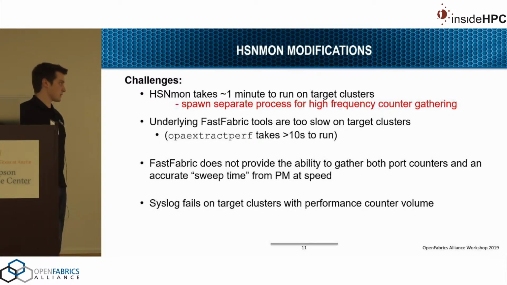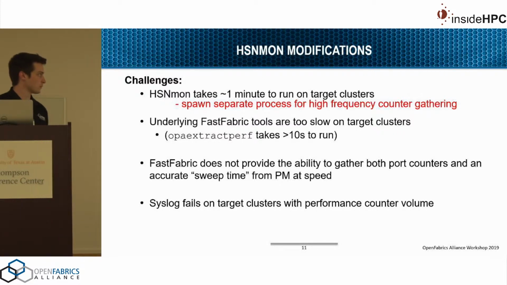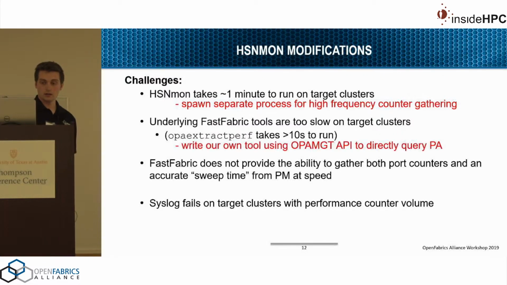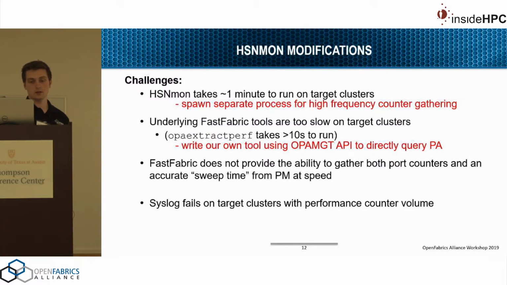So in order to take on these challenges, we separated out the performance gathering into a separate process and rewrote one of the Intel tools using the OPA management API. And using those tools, we were able to directly query the performance administrator and sub-administrator within the OPA fabric manager so that we could get data at much higher granularity.